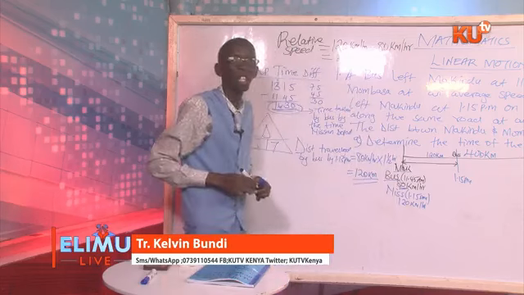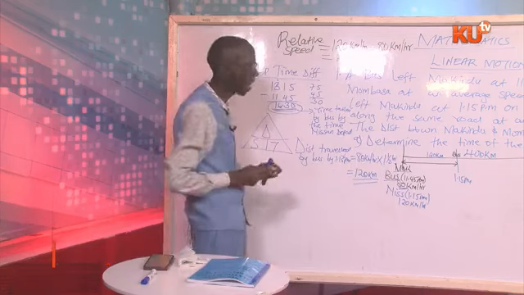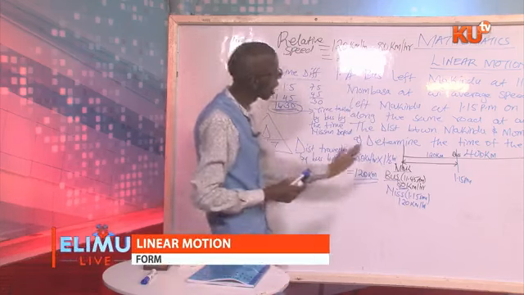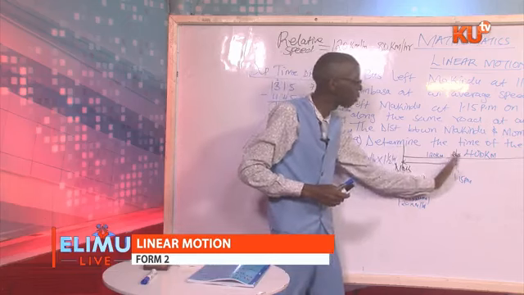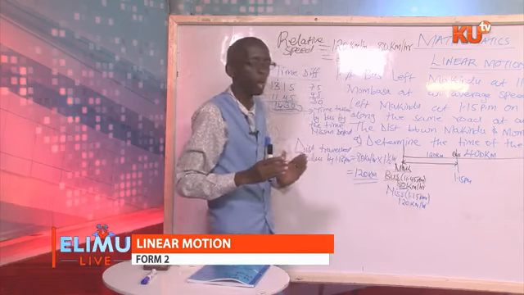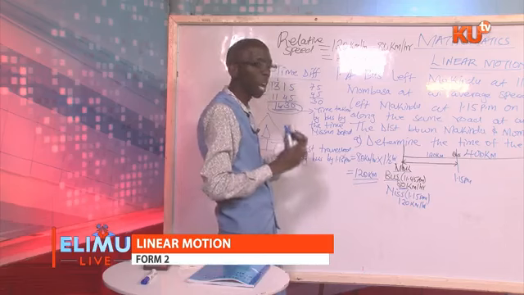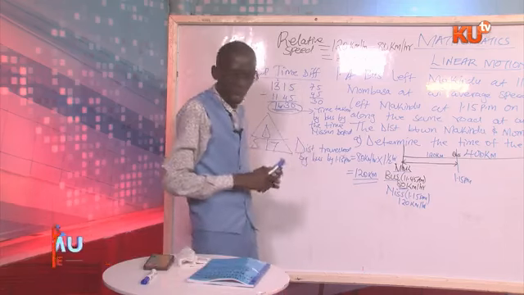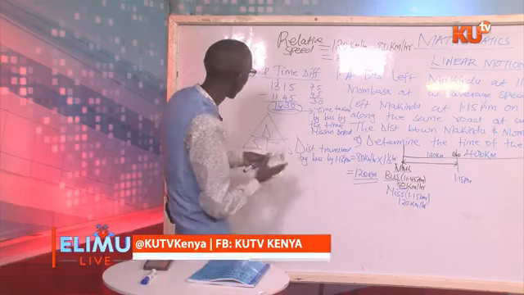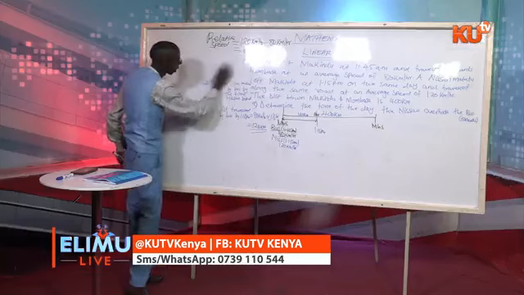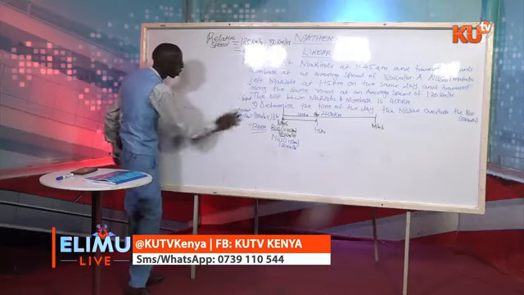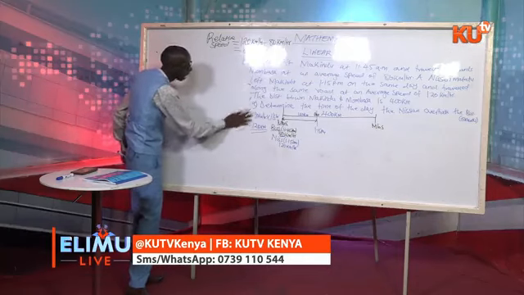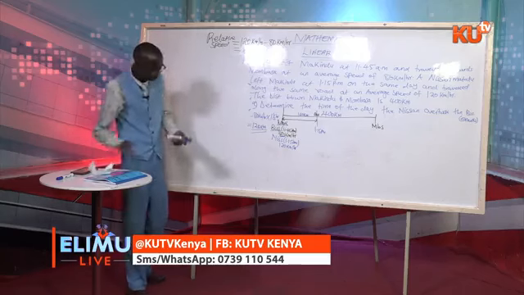Now, my dear student, we have the relative speed and we have the distance between the two vehicles by 1:15 p.m. We are going to get the time taken. I believe that you have written this. We are going to now get the time taken to overtake.